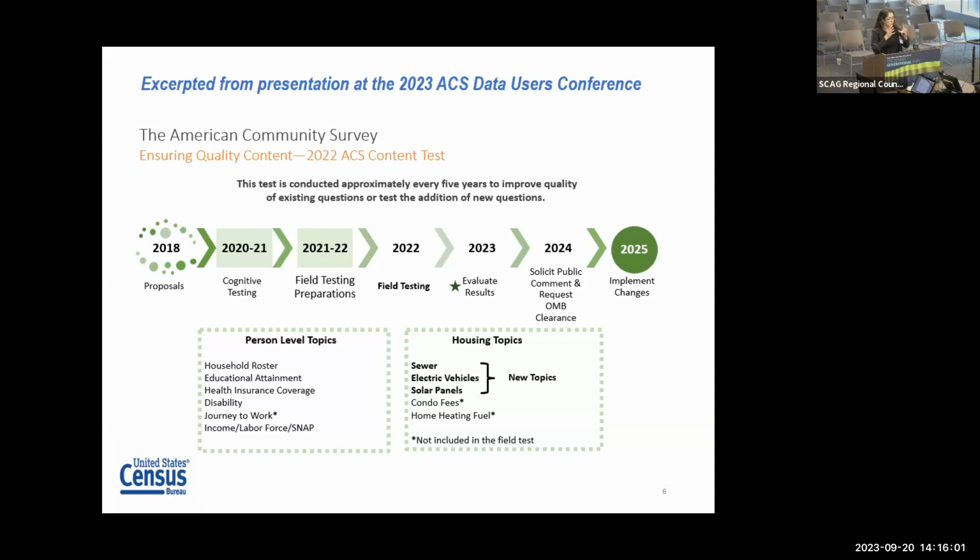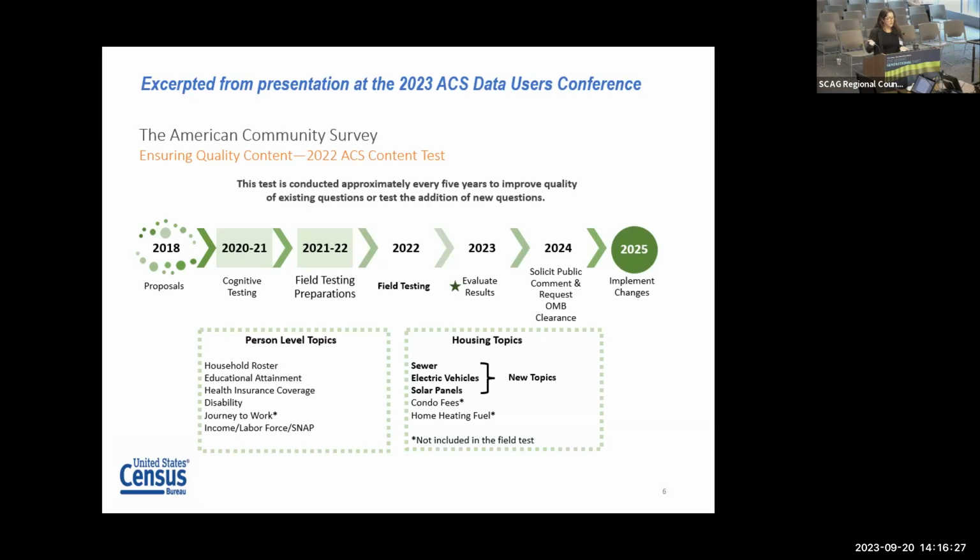Then once it passes the cognitive testing stage, it goes into field testing, where questions are sent out to a subsample of that 3.5 million addresses every year, and then there's a lot of research. What kind of responses did we get? Does it jibe with other administrative data sources or other survey data that are out there? And then they start doing that analysis, evaluating the results after the field test is done.